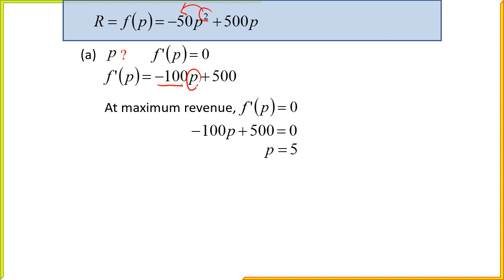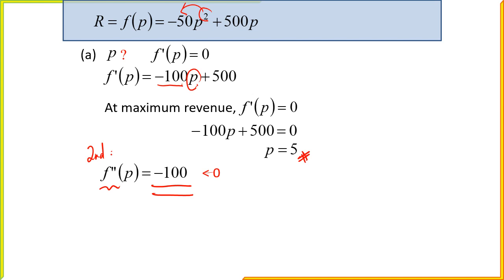So we know now that at maximum revenue, P is equal to 5. So we need to put the price as 5. But we also need to check. How to check? We can use the second derivative test. We find the second derivative F''(P), which is differentiating -100P + 500, and we get -100. This means it is always less than 0.